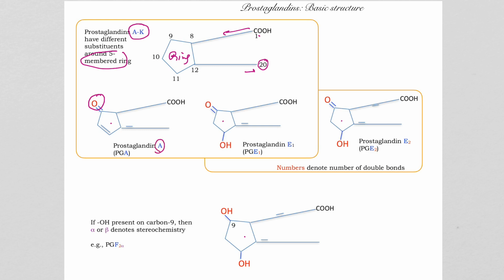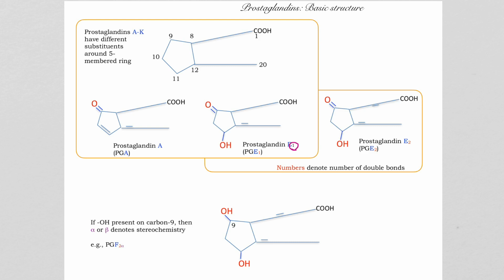Prostaglandin A has this substituent. Prostaglandin E has this substituent. So the substituents on the rings differ from prostaglandin A, B, C, and so on. All the classes A to K have different substituents. Besides the classes, sometimes you see numbers.